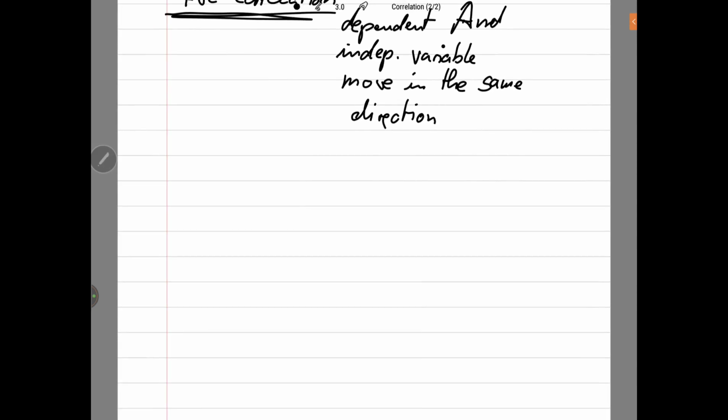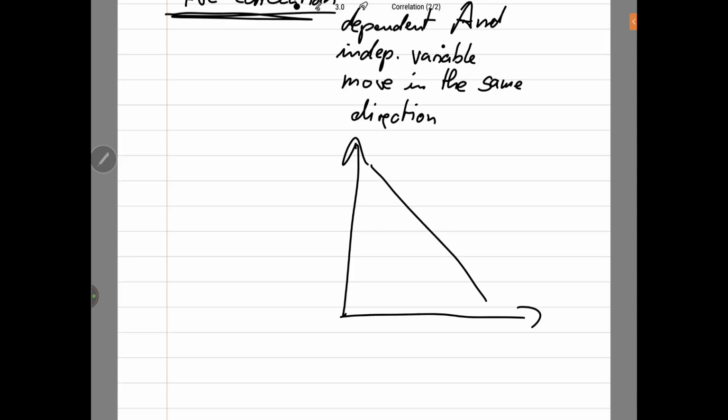Of course, we can have a negative correlation. A negative correlation would be something like that.